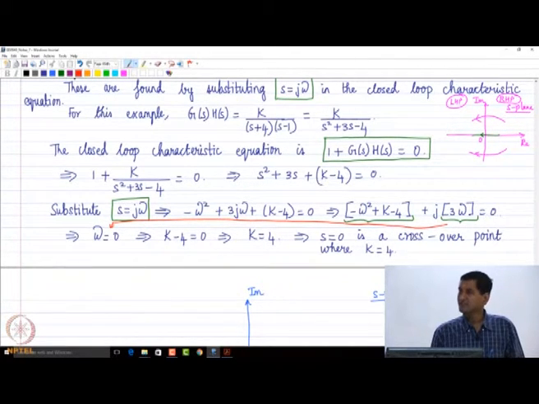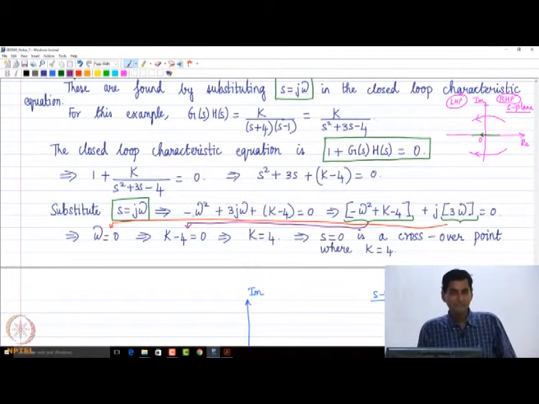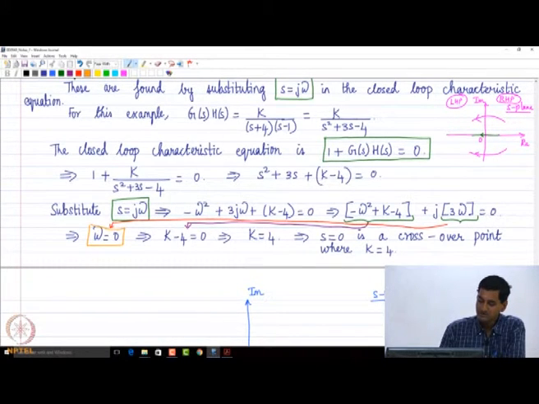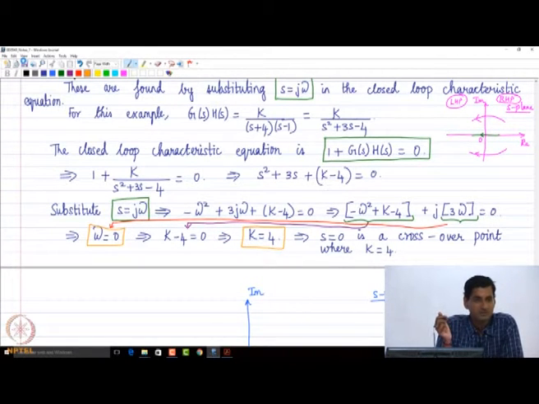But once again we need to check the value of k, whether it is positive or negative, right. So, now process the real part. If I substitute omega equals 0 in the real part, what happens? I get k minus 4 equals 0, or in other words, k is equal to 4. So, omega equal to 0 and k equal to 4 is a potential solution of the closed loop characteristic equation when we are searching for a crossover point, right.